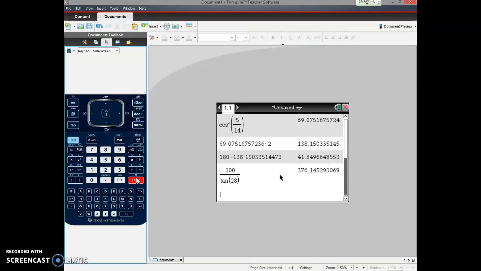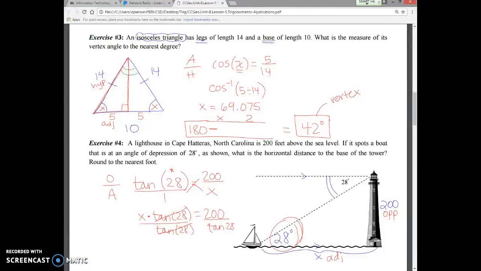And when you do that, you get 376.15. And so that's approximately 376 feet. Please make sure that you're rounding to the correct unit.